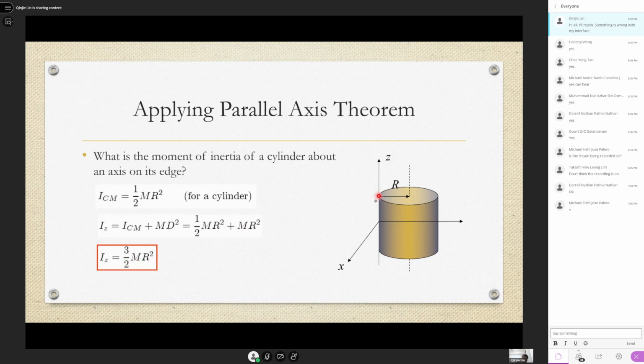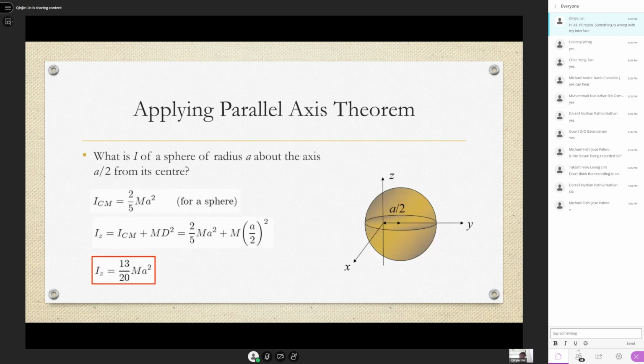This describes this cylinder rotating about this new axis. So this is how we make use of the parallel axis theorem. Some moments of inertia we already know, but now we want to rotate about another axis. Just do one more step. We don't need to recalculate everything.